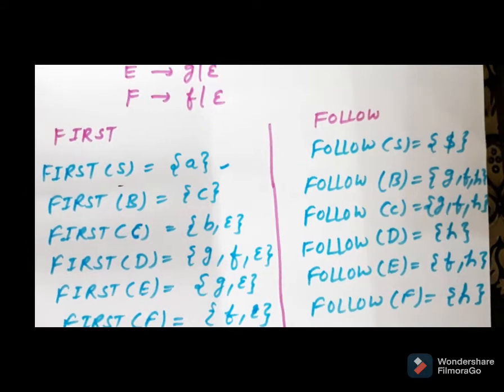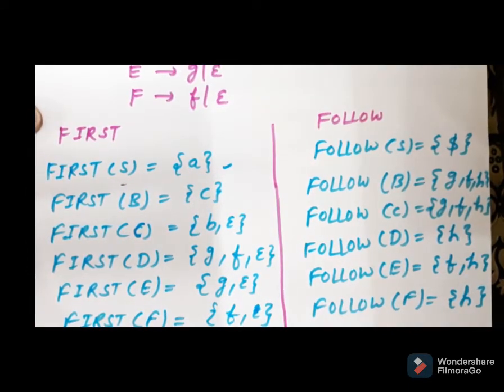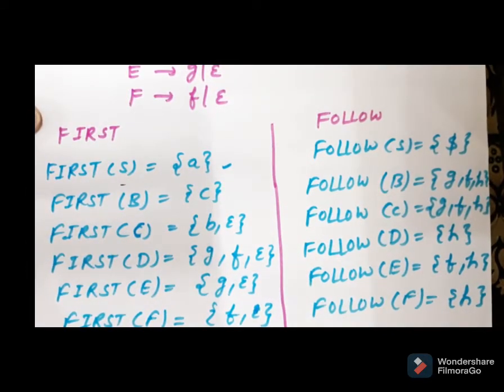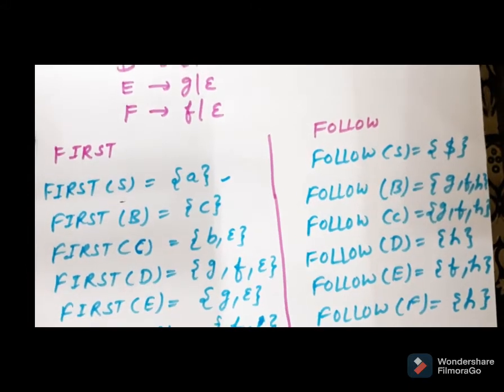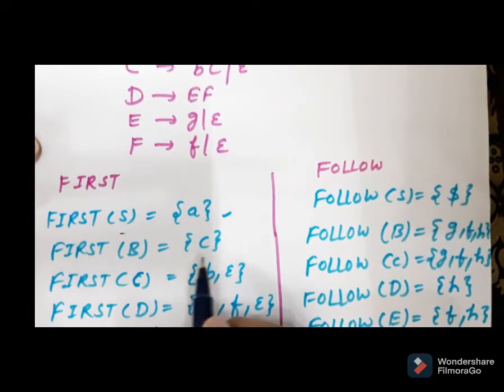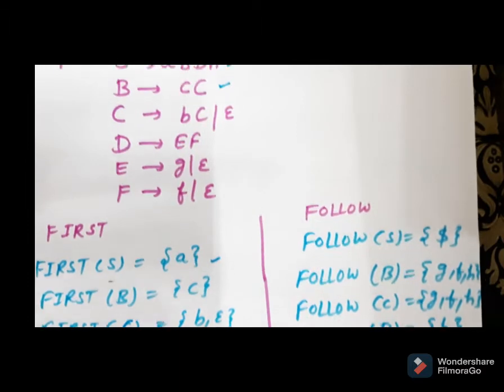Now first of B. First of B, table B and C, and we have to write the entry here. In this cell I will write the production. So here first of B is C, and with the help of what production?